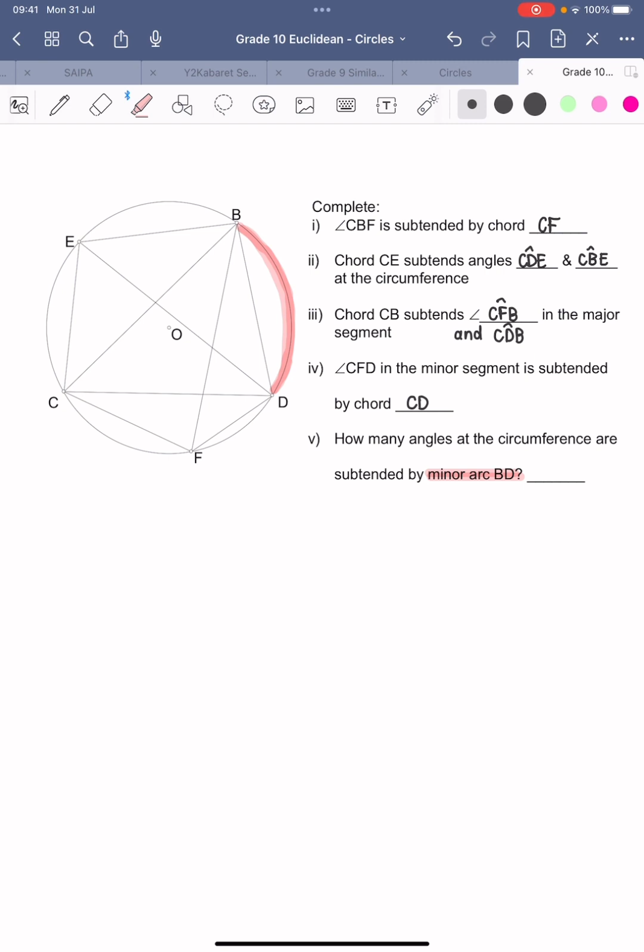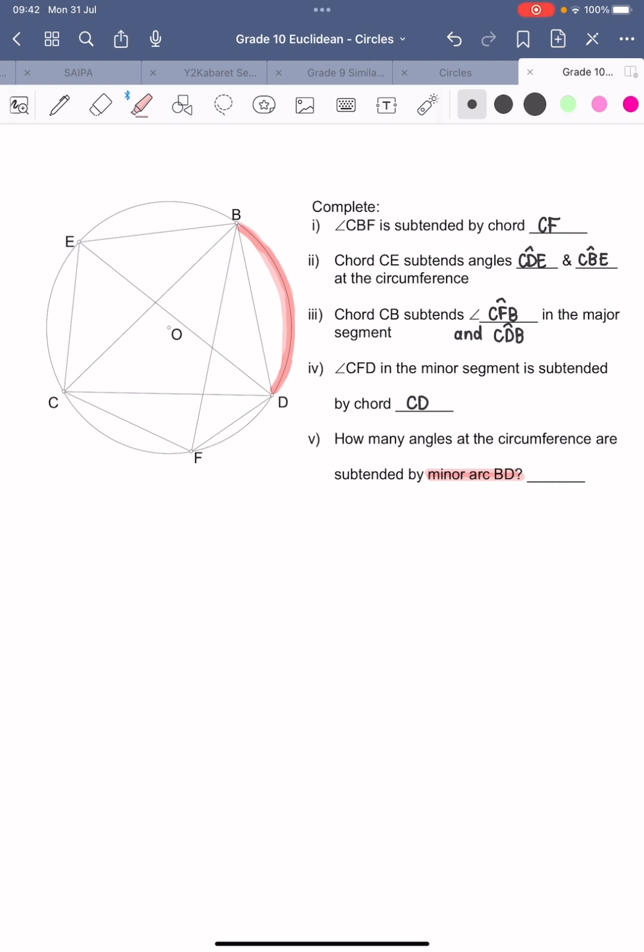So don't panic if you looked at the chord and not the arc. It's fine. You're going to look at the one endpoint of the arc and the other endpoint of the arc. All right, B and D. But if you had looked at the chord, you would have the same 2 points, so you'll get the same answers.